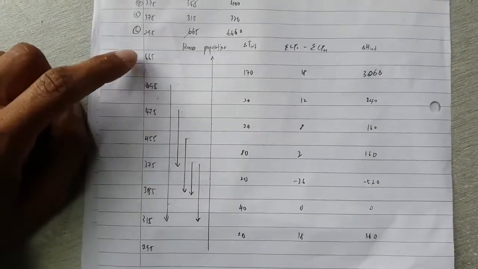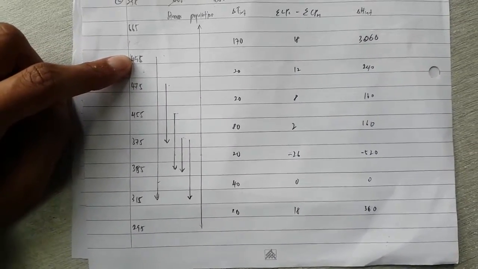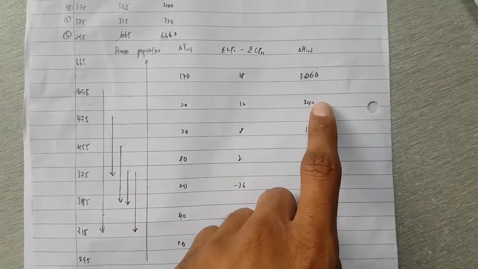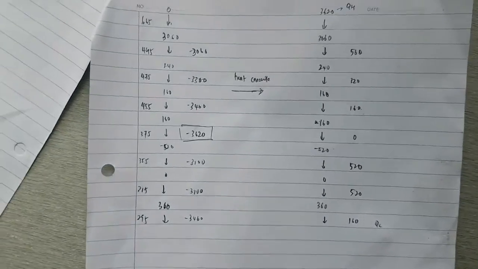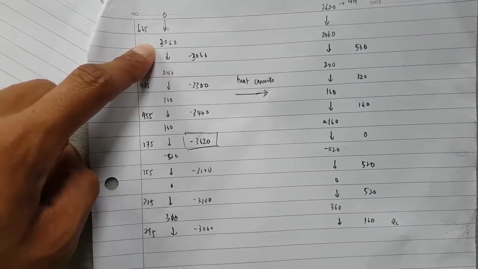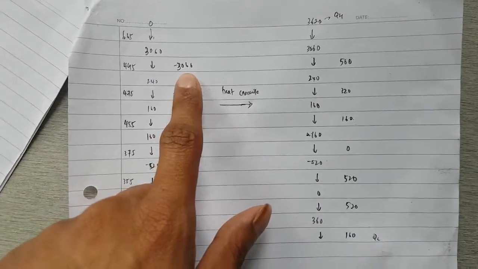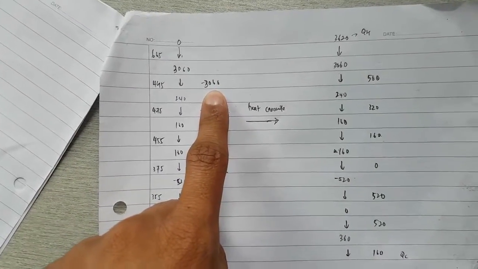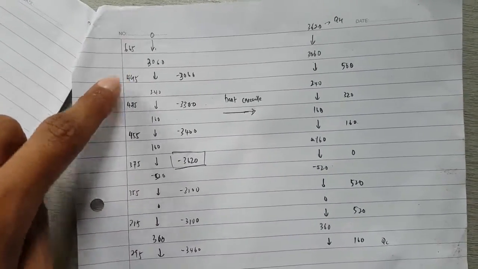For this temperature interval from 665 degrees Celsius down to 495 degrees Celsius, the corresponding enthalpy is 3060. So 0 will be subtracted with 3060 to obtain negative 3060. This is the accumulated enthalpy for this temperature interval.